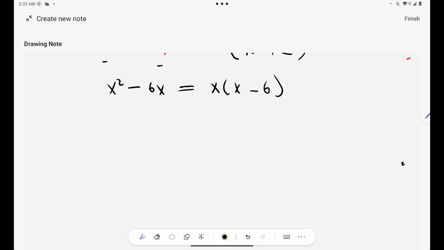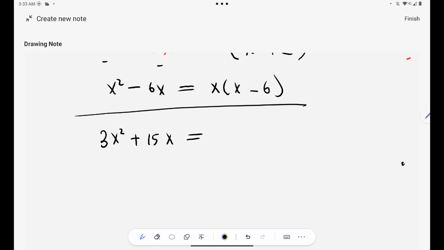Are we together? Let's do three examples. Please pause the video and do the examples on your own. We have 3x squared plus 15x. That's number 1. Number 2, we have 2x squared, let's use a negative this time, minus 32x.